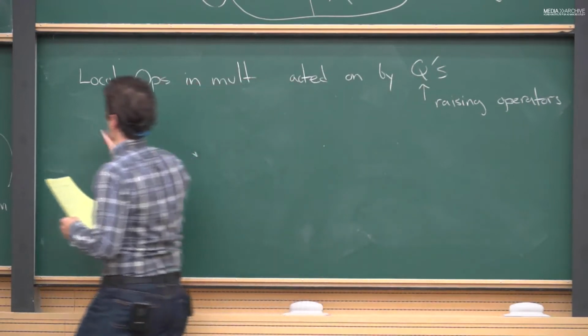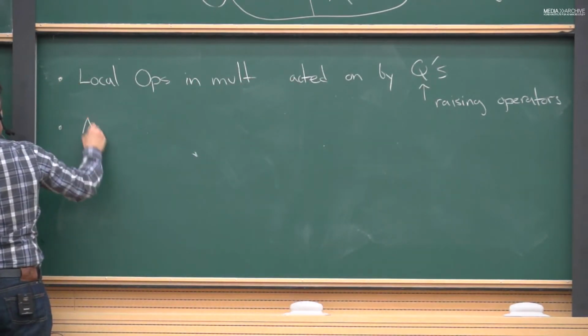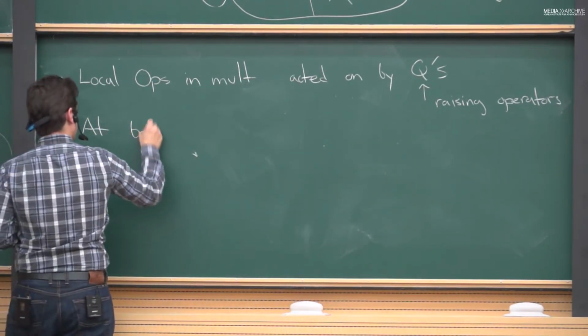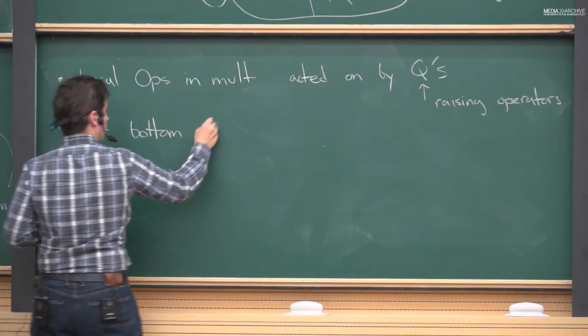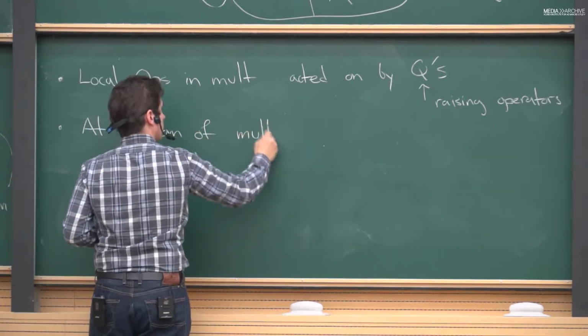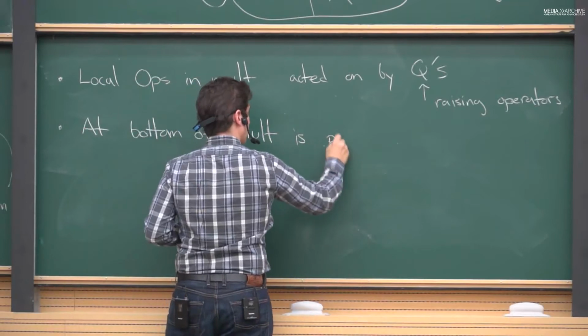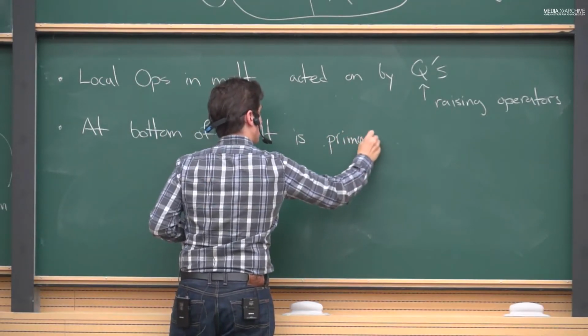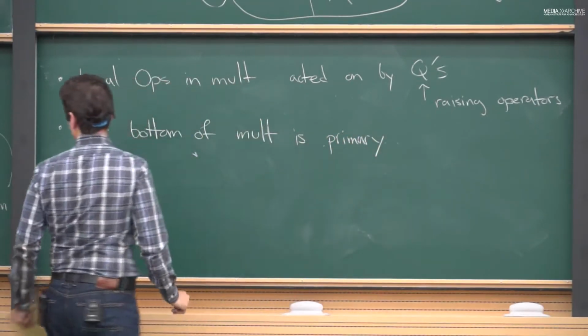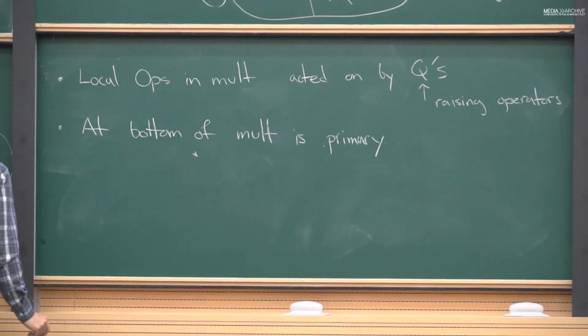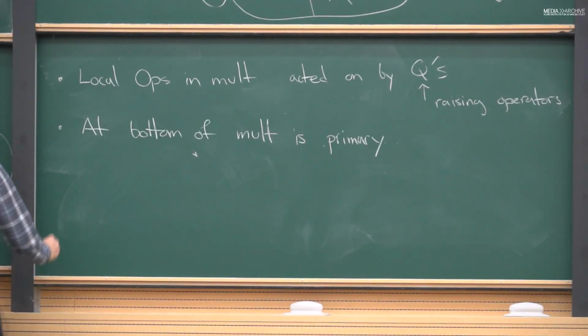At the bottom is a primary. And it's customary to label the representations by the quantum numbers of the primary.